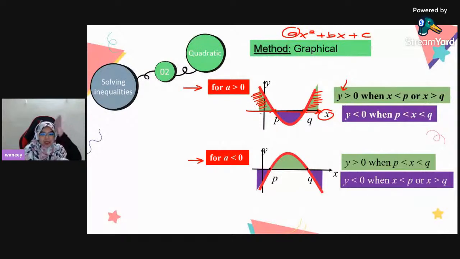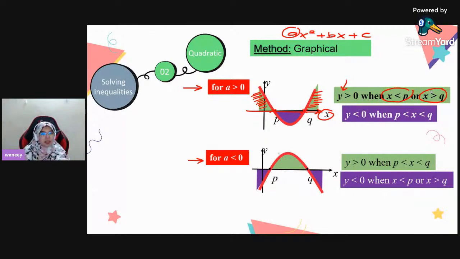Less than p, that means starting from p going to the left hand side. Greater than q, starting from q going to the right hand side. So those are the regions for x less than p or x greater than q. For x less than p or x greater than q, the graph is actually above our x-axis. Therefore, the value of y will be a positive value.